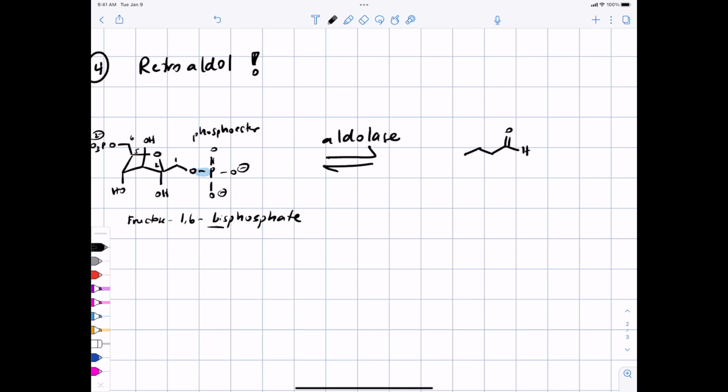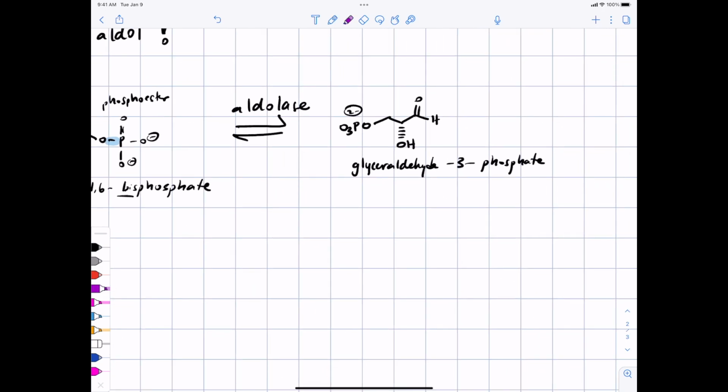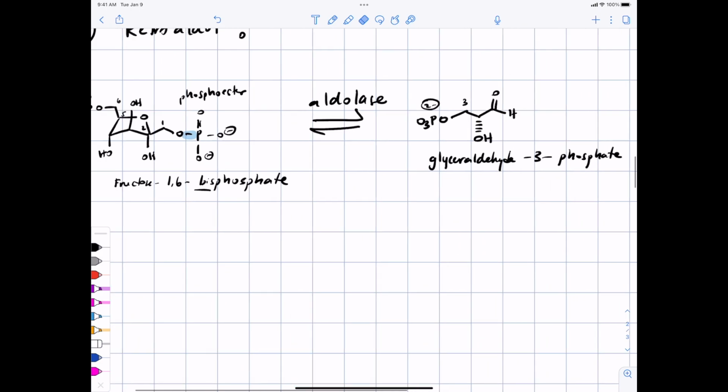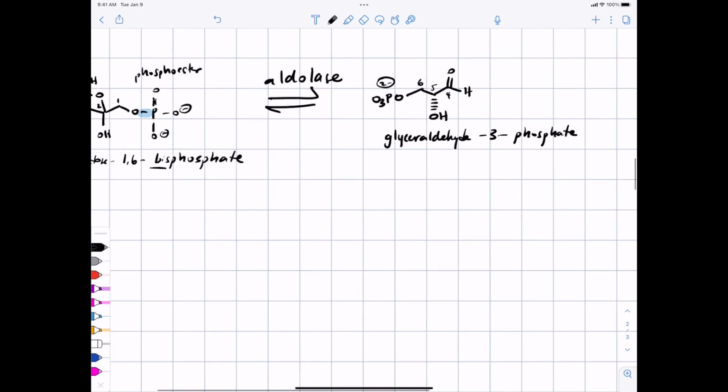It's going to convert our 6-carbon sugar into one 3-carbon piece called glyceraldehyde 3-phosphate. And that will have been carbons 4, 5, and 6 of the sugar.